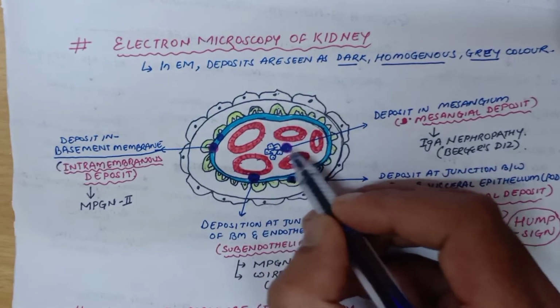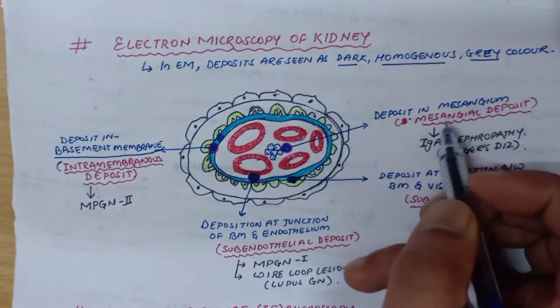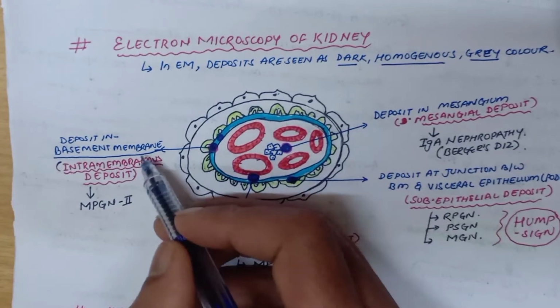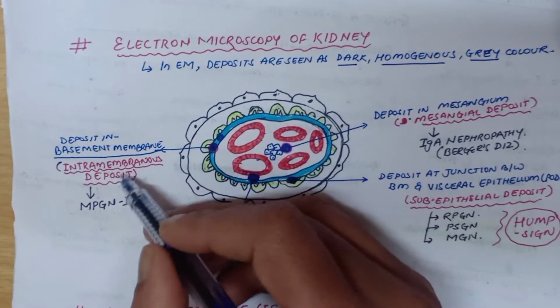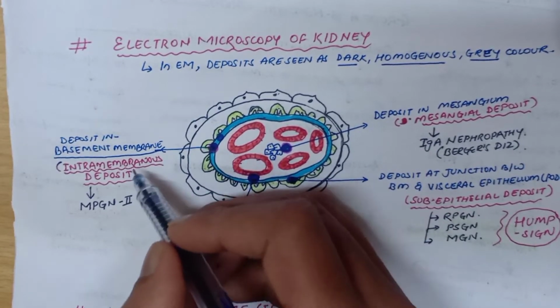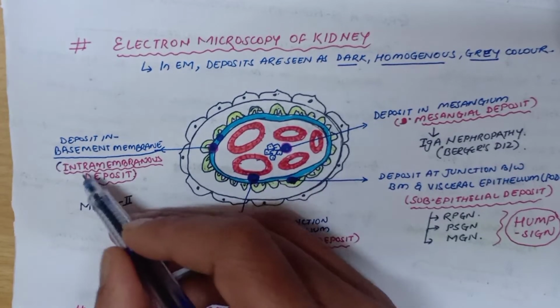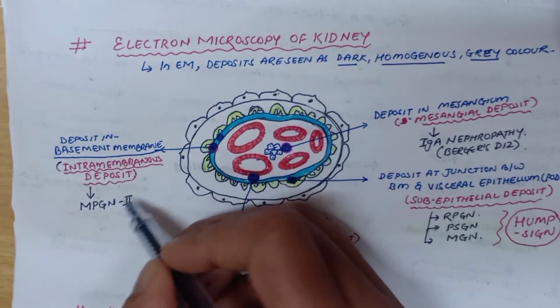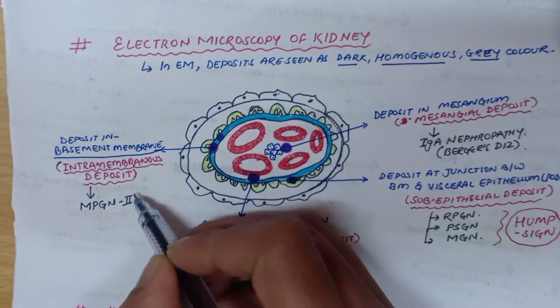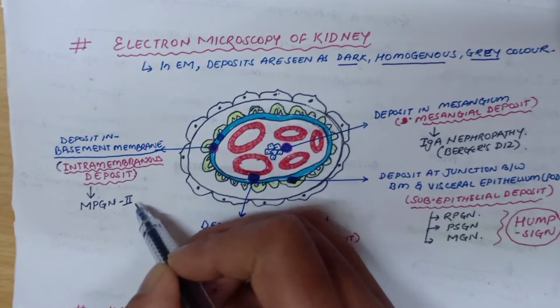So these are known as mesangial deposits. Now when it occurs in the membrane, it is known as intramembranous deposit. These intramembranous deposits are seen in membranoproliferative glomerulonephritis type 2, that is MPGN type 2.